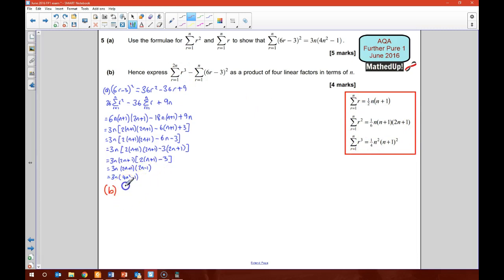So that's going to be a quarter of n squared, but I've got 2n over here, so that's going to be 2n squared, and then I'm going to times that by n plus 1 all squared, but because that's 2n, it's going to be 2n plus 1 all squared. I'm then going to subtract 3n times 4n squared take away 1. I'm going to write this as 2n plus 1 times 2n minus 1.